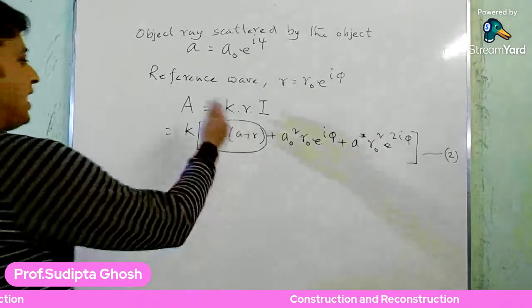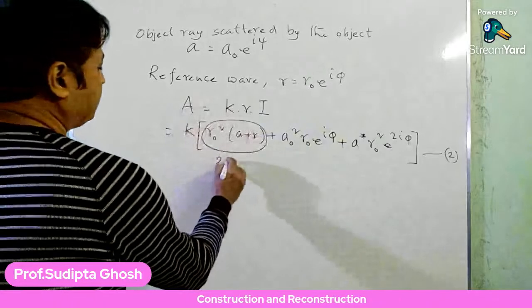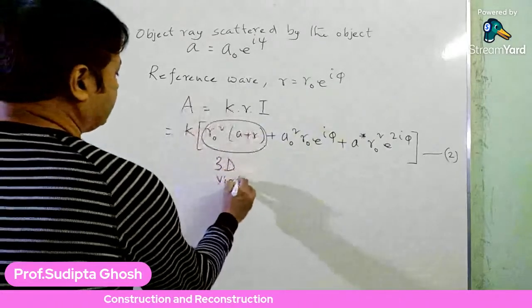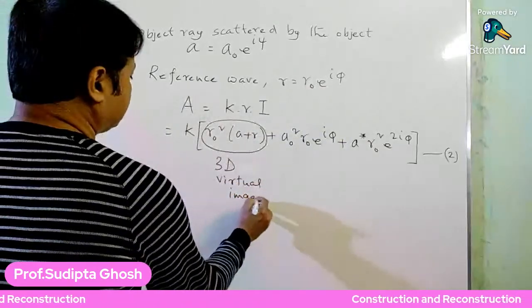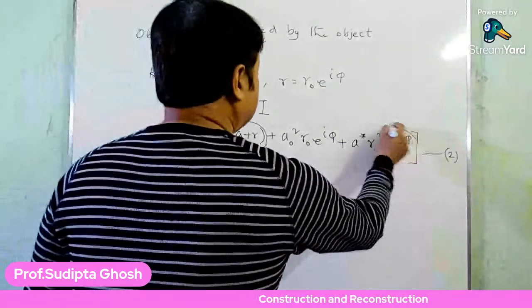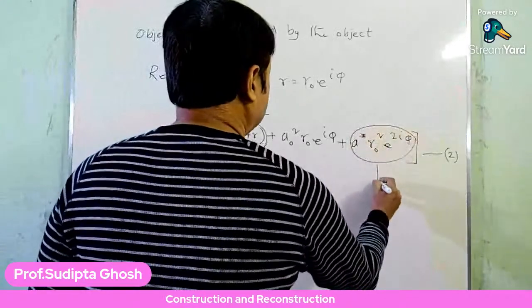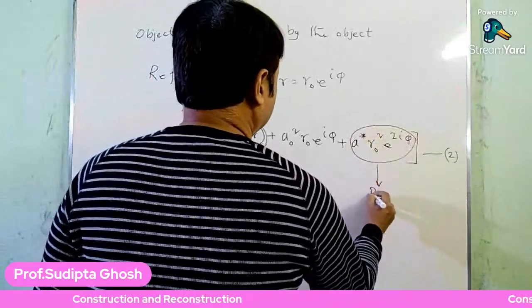So this term generates the three-dimensional virtual image, and this term, the third term, is responsible for the real image.